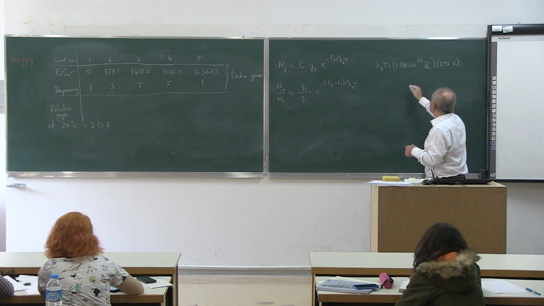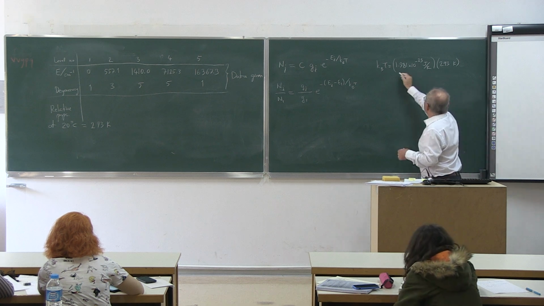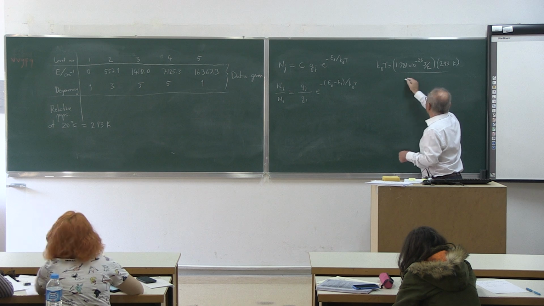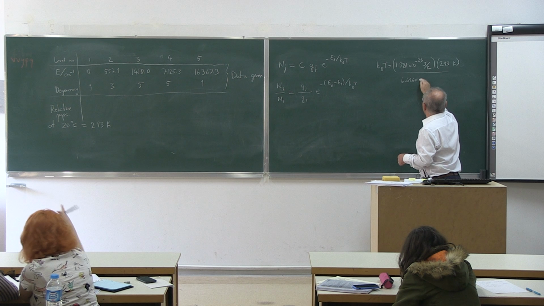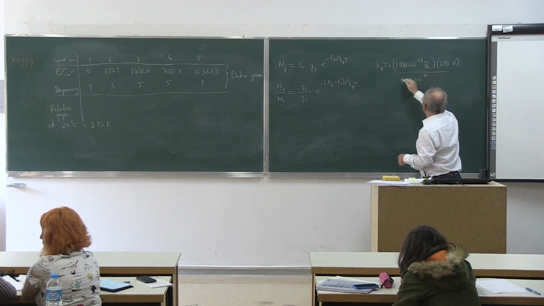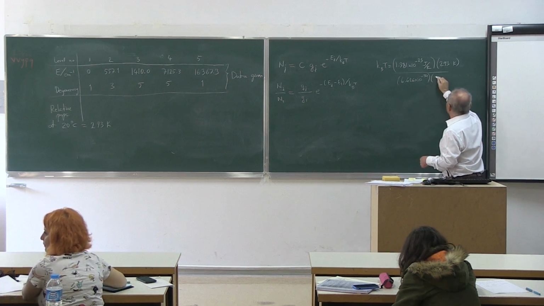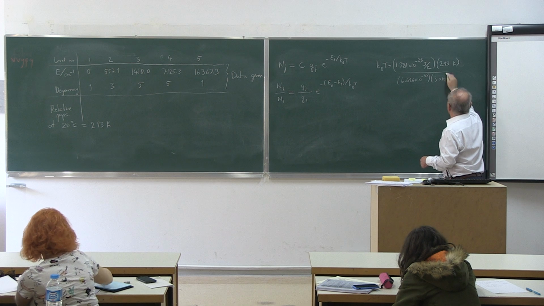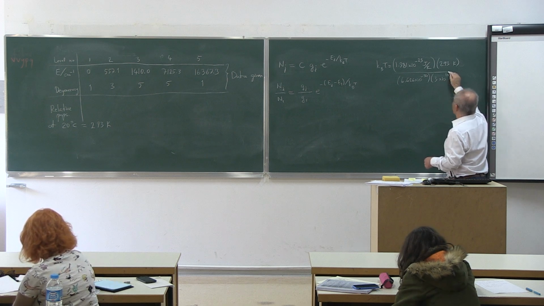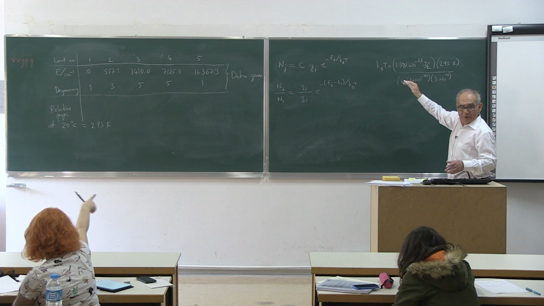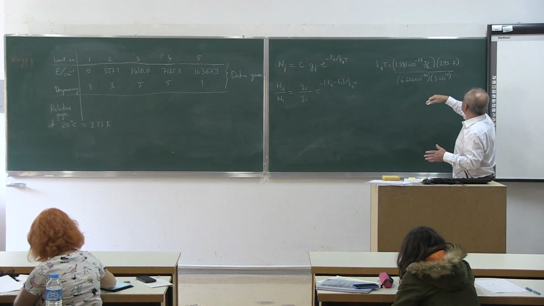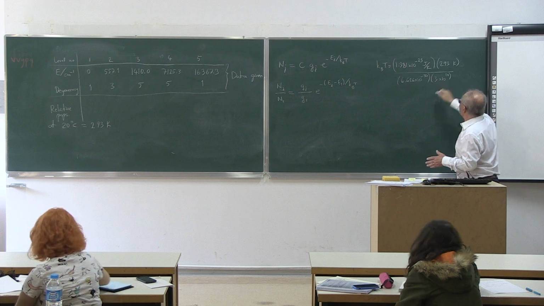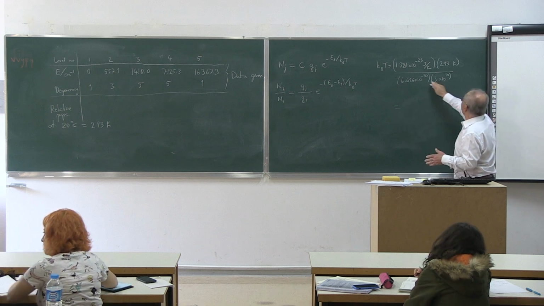So this expression is divided by hc, which is 6.626 times 10 to the minus 34 times 3 times 10 to the 10. Then do the calculation. Let us simplify it.